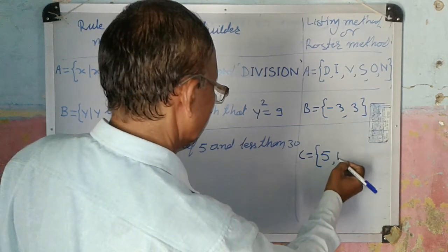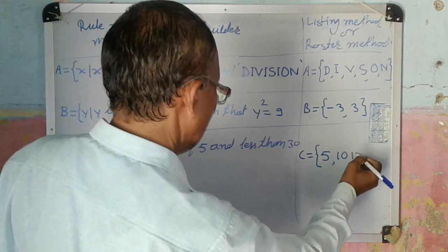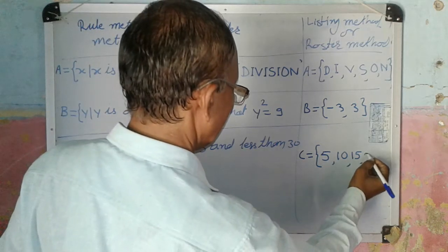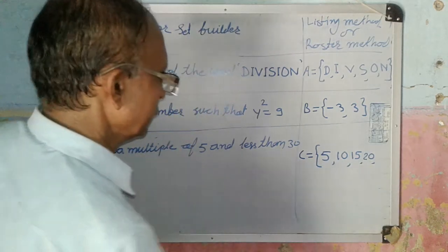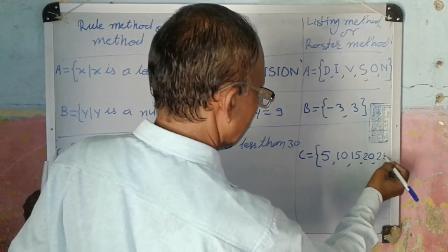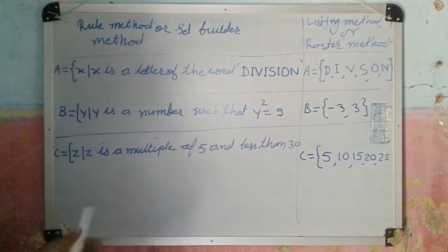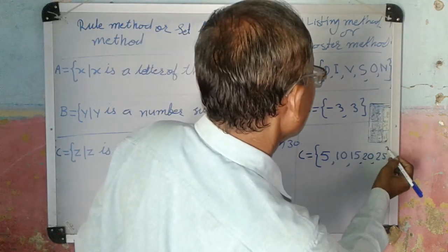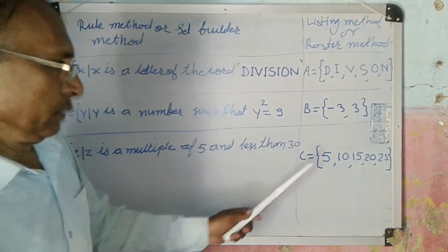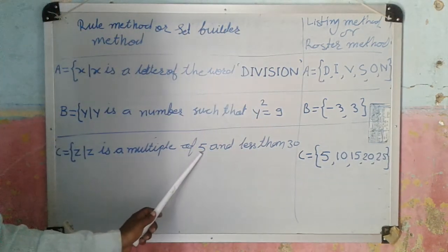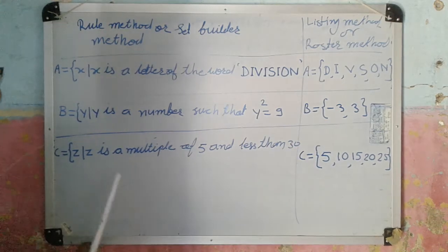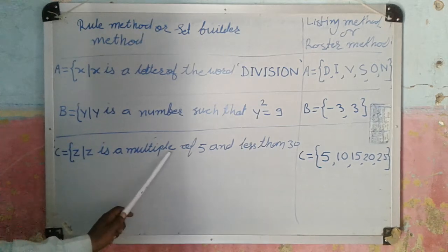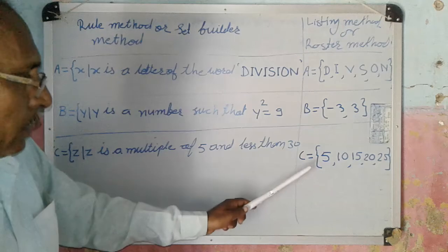Five, 10, 15, 20, 25. These numbers are less than 30. So we have to write up to only 25. These are all multiples of 5 and less than 30. So the set which is written in rule method, we can write in listing method in this way.